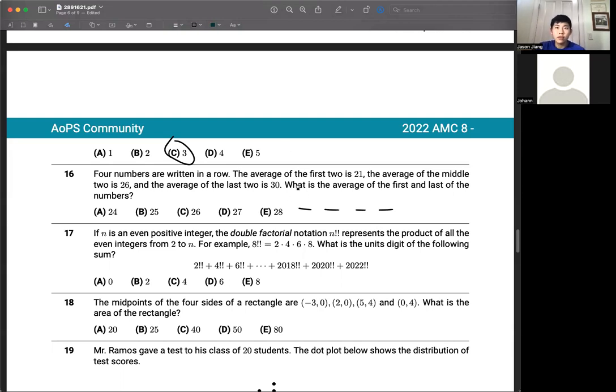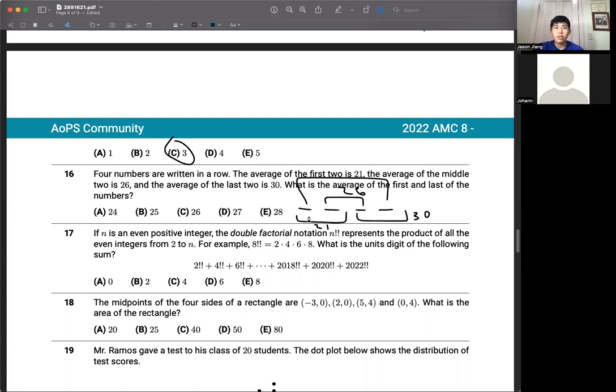We are told that the average of the first 2 is 21, and the average of the last 2 is 30. I'll write the 30 over here. Now, we're also told that the average of the middle 2 is 26. And we want to know the average of the first and last.